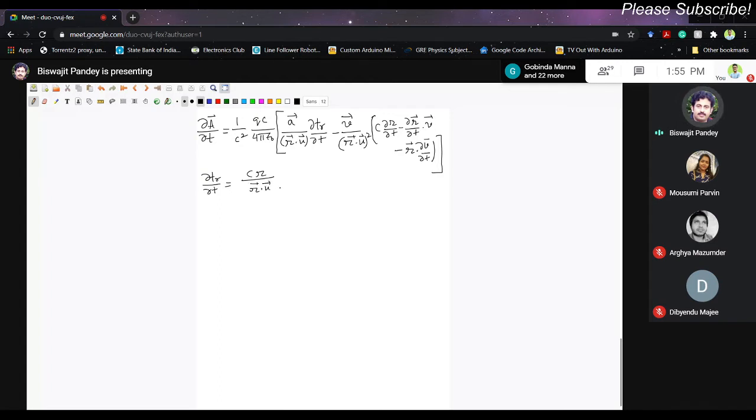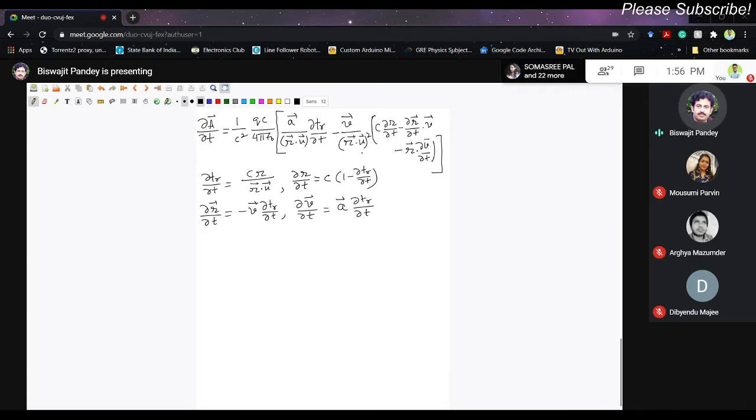This was ∂R/∂t. Okay, what else is there? The scalar ∂R/∂t is equal to c into 1 minus ∂t_r/∂t. Okay, what else? ∂R/∂t vector is equal to minus of v times ∂t_r/∂t. What else? ∂v/∂t is equal to acceleration into ∂t_r/∂t.